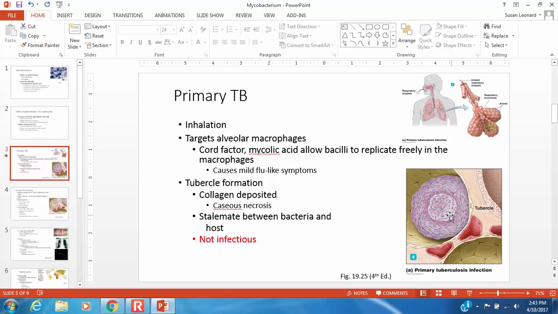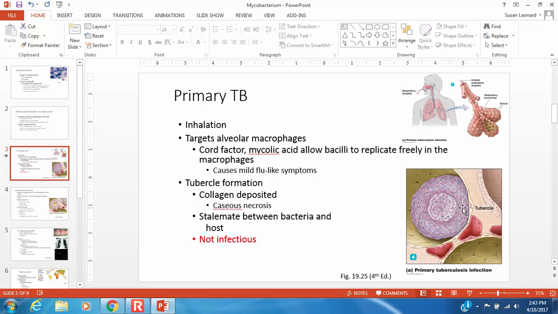This is where we get some infected macrophages surrounded by lots of dead macrophages that have been killed by the bacilli. You get some collagen formation here, and basically the immune system is able to wall off the infection, but not totally get rid of it. There are a lot of dead cells here, but also some living ones.